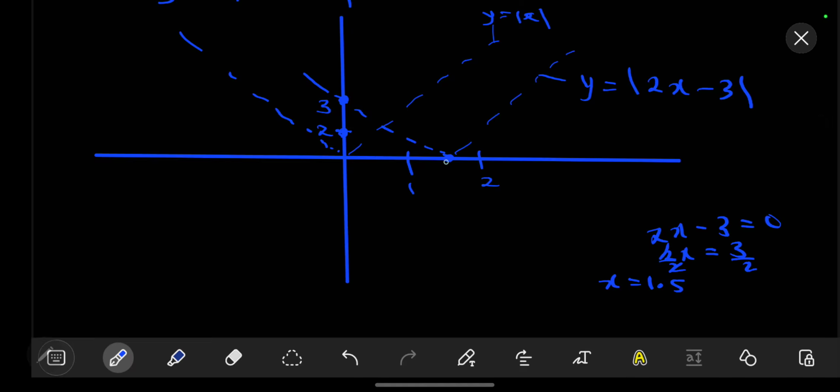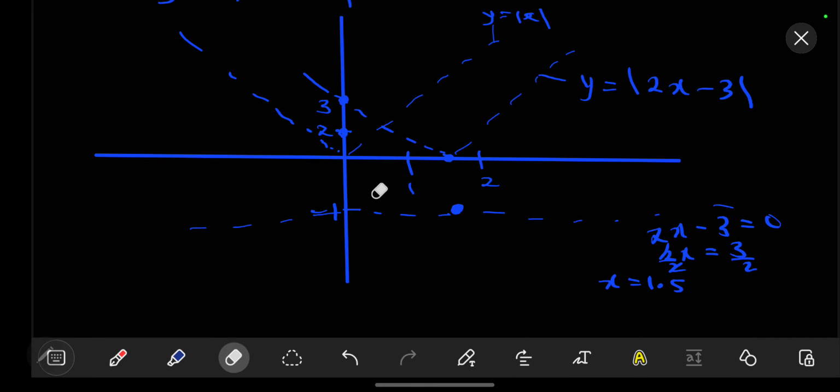Then this one, which is at 0, will go to negative 1. So we have something like that. This value, it won't go below this. So we have a point that is here. So now it will be like that. Then it will also pass there. Let's use the color red. So that is where our graph will pass.